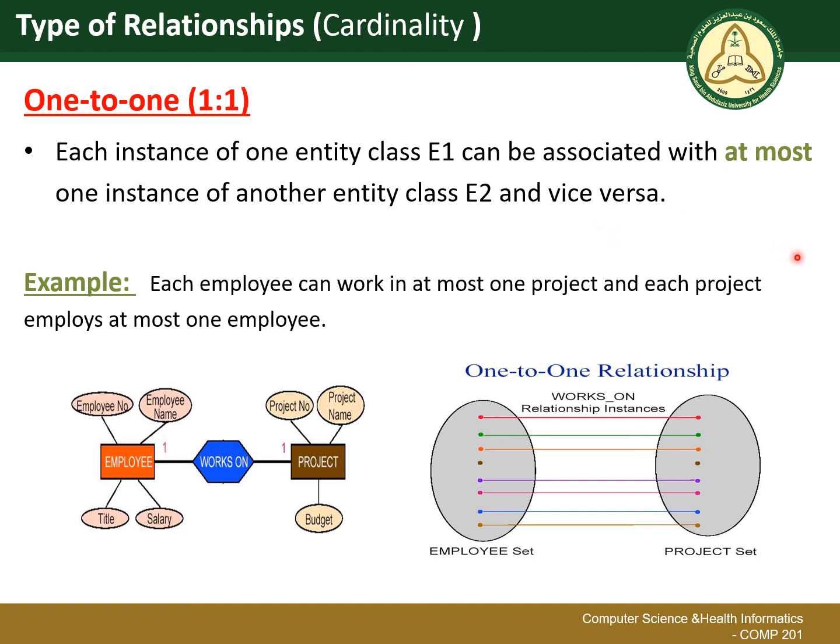So to clarify the relationship, we can see the example. Each employee can work in at most one project, and each project employs at most one employee. It means that some of the employees will be working in one project for each one of them, and some of the employees will not have any project.